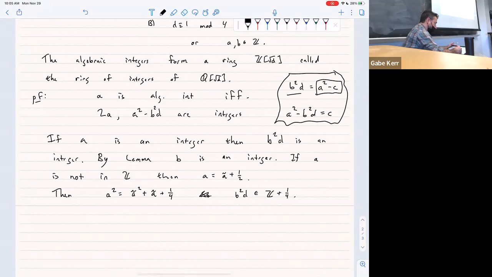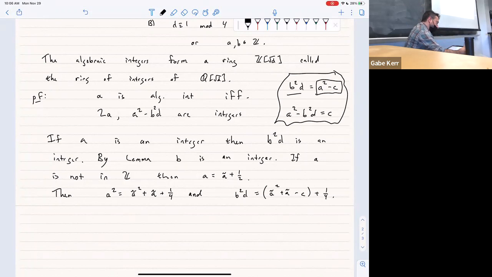Let me do that. So what we get is, b squared d is still going to be a squared minus c, but here we'll have something like a tilde squared plus a tilde, so we get an integer plus 1.